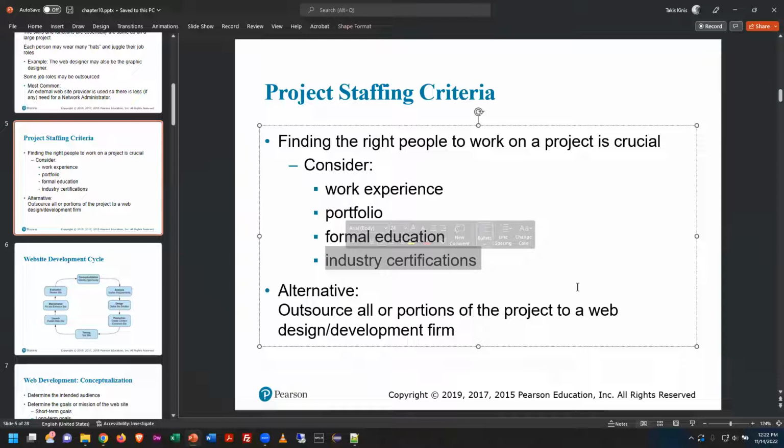If you're a hardware person, you go and get your A+ certification, and it shows you have a certain base level of knowledge. The unfortunate thing in web is there are not a lot of industry certifications for web people. There are some, and I don't want to make you think that there's not. But in the web world, very few people get hired based on certificates that they've earned.